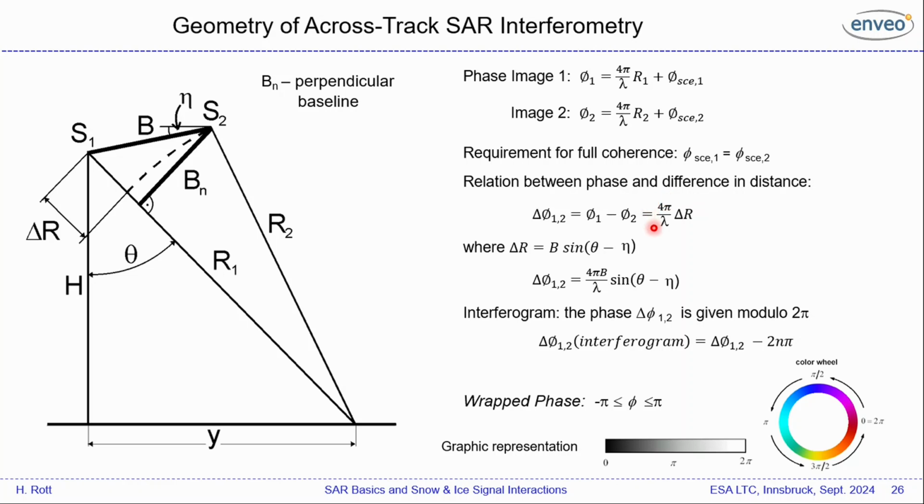Then we compute the phase difference. It is 4 pi over lambda times this difference in the range between these two satellite positions. And this is the normal baseline, on which I will come back later. This is a representation of the phase in the interferogram. It ranges from 0 to 2 pi, either in gray or in colors.